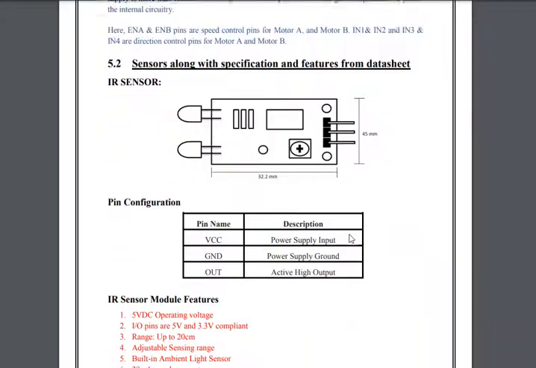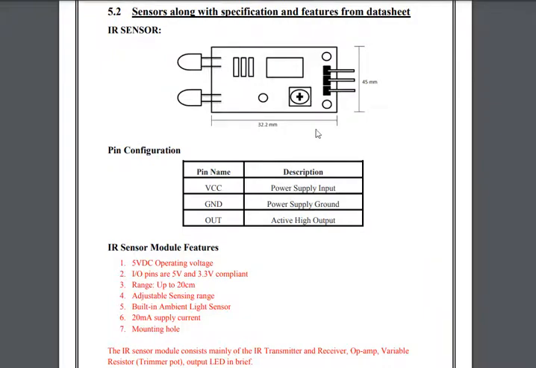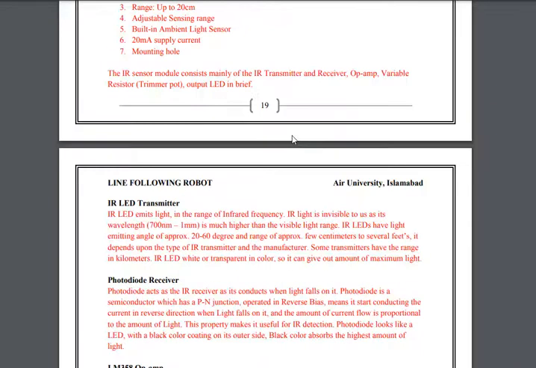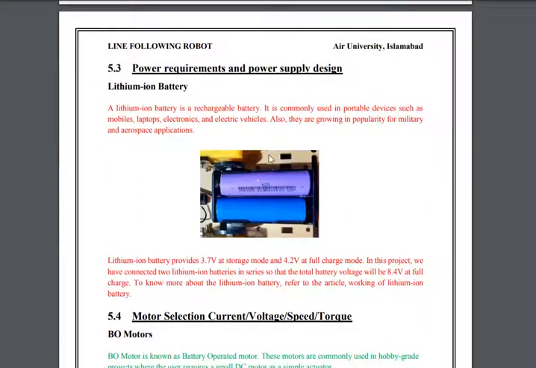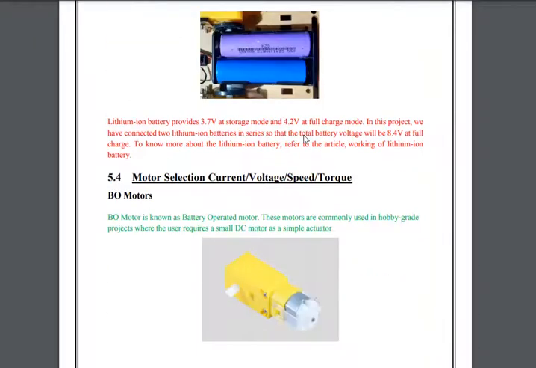After this motor driver, this is some pin out of the IR sensor I have explained earlier, and this is the lithium battery that we use. This is a 3.7 volt battery, and it has a high current discharge, which is ideal for this type of motor drivers and circuits.